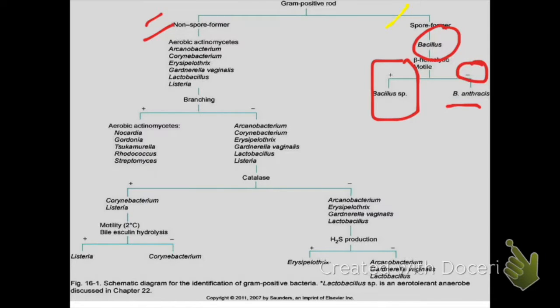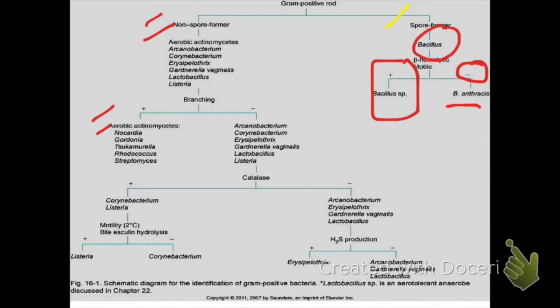They are divided by whether they are branching or non-branching. Branching in such a way that some of them could be mistaken as fungi, such as the actinomycetes and Nocardia. Noteworthy to mention about Nocardia, it is the only species aside from Mycobacterium that has mycolic acid.